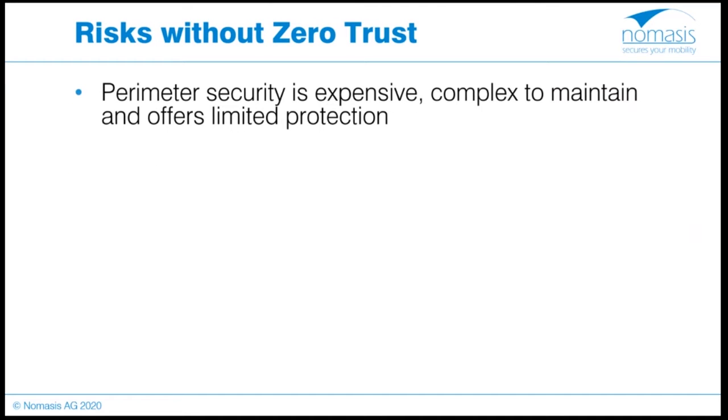Let's maybe shortly turn the game around. So what happens if we don't use zero trust nowadays? What are the risks? First of all, perimeter security is expensive and very complex to maintain.